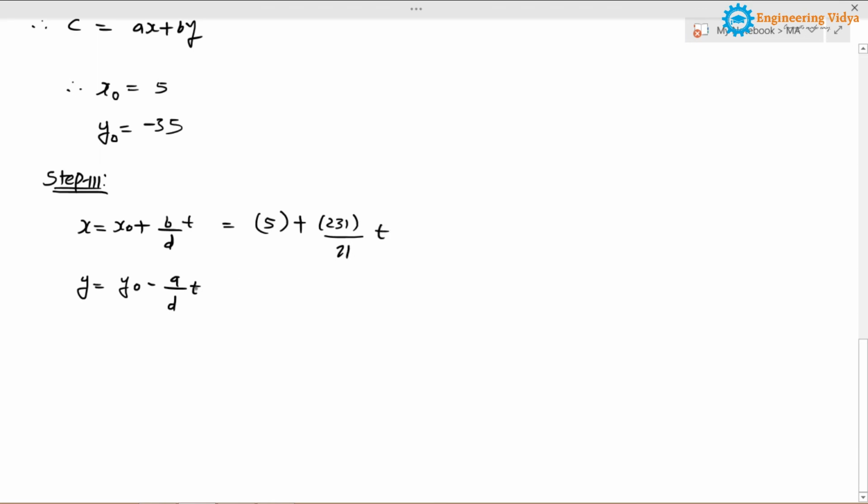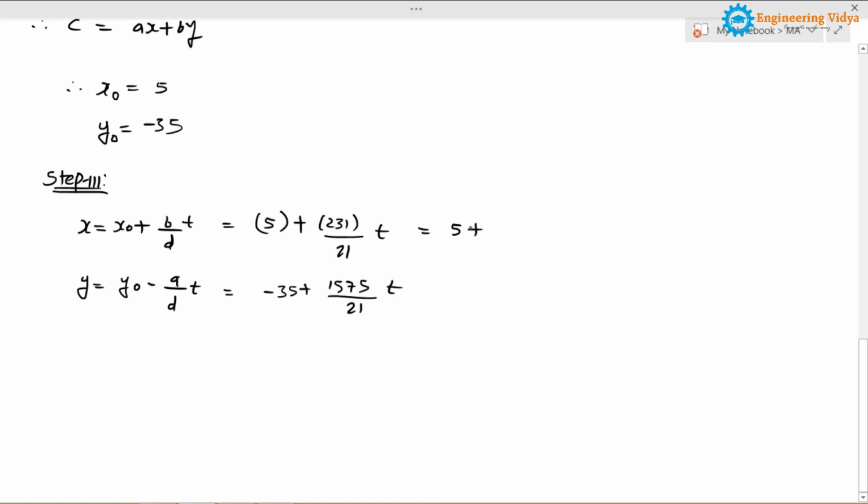Into t. In a similar way, y0 is minus 35, and then a is nothing but 1575. The formula says that here we have a by d. d is 21, into t, and now we're going to calculate the values.